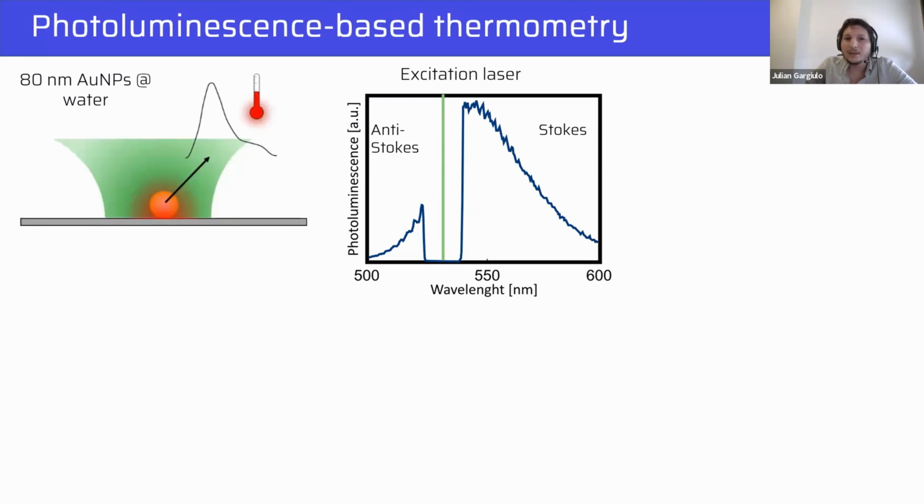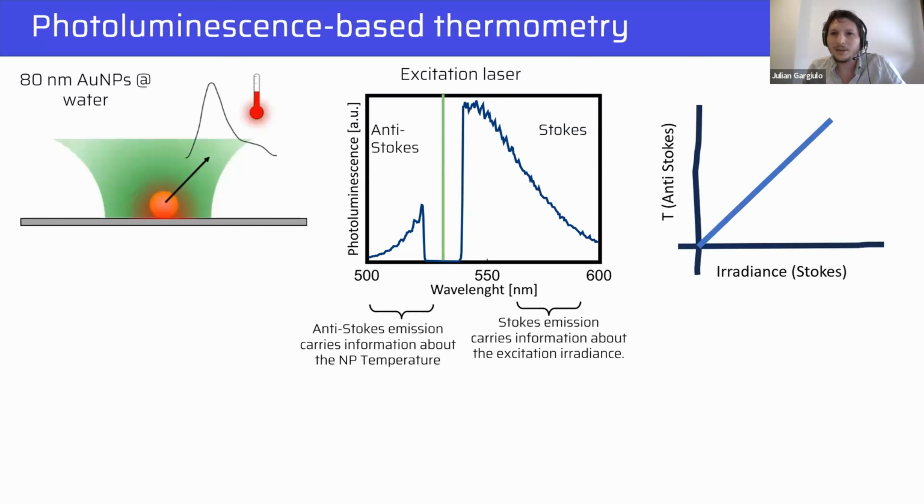But if the Anti-Stokes has higher energy than the excitation, it means that energy must come from energy that was thermally available on the nanoparticle. So if we are smart enough to analyze this Anti-Stokes emission, it carries information about the temperature of the particle.